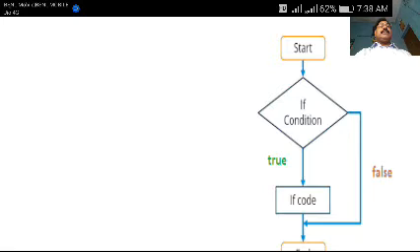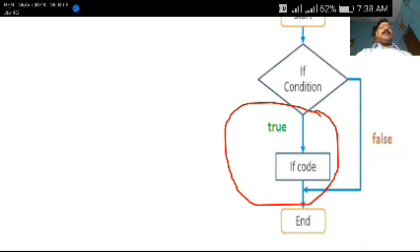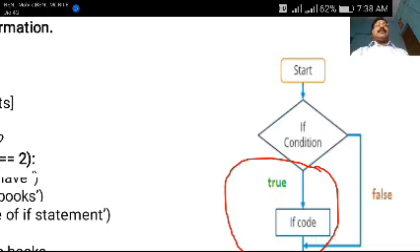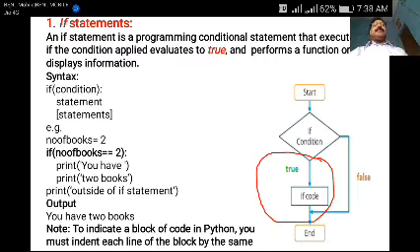We start from here and then the if condition. If the condition is true, then the flow will move like this into the if code, and if the condition is false, it will come through this route and bypass the code and directly reach the end.